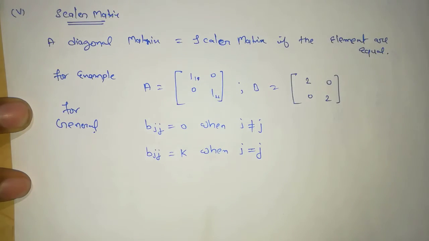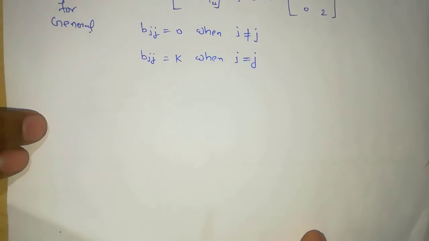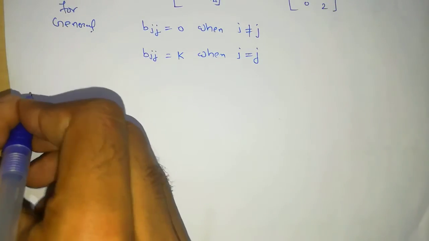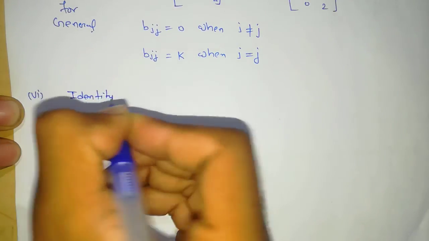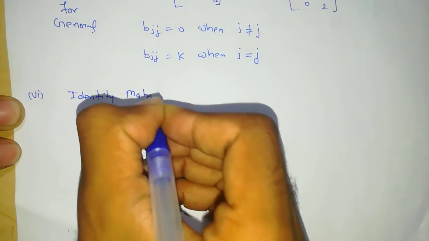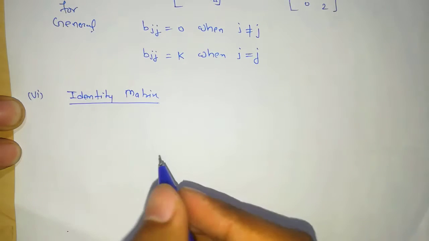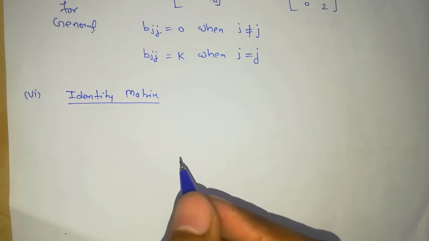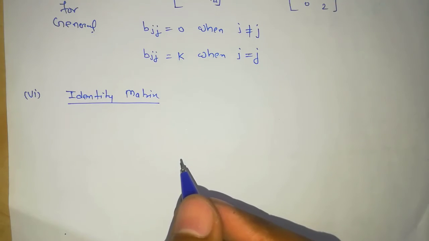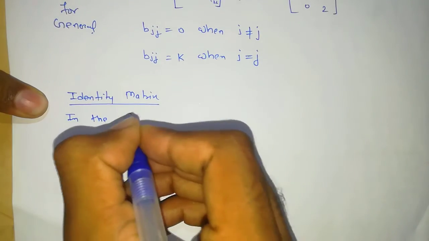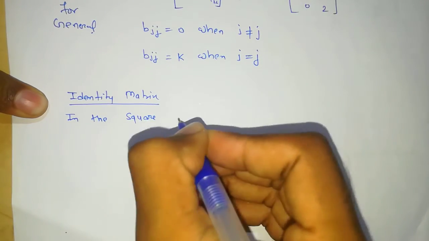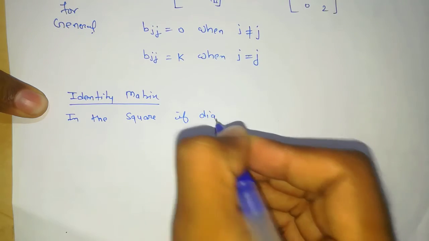The next matrix, number 6, is the identity matrix. An identity matrix is a square matrix in which the elements in the diagonal are 1 and the rest of the elements are 0.